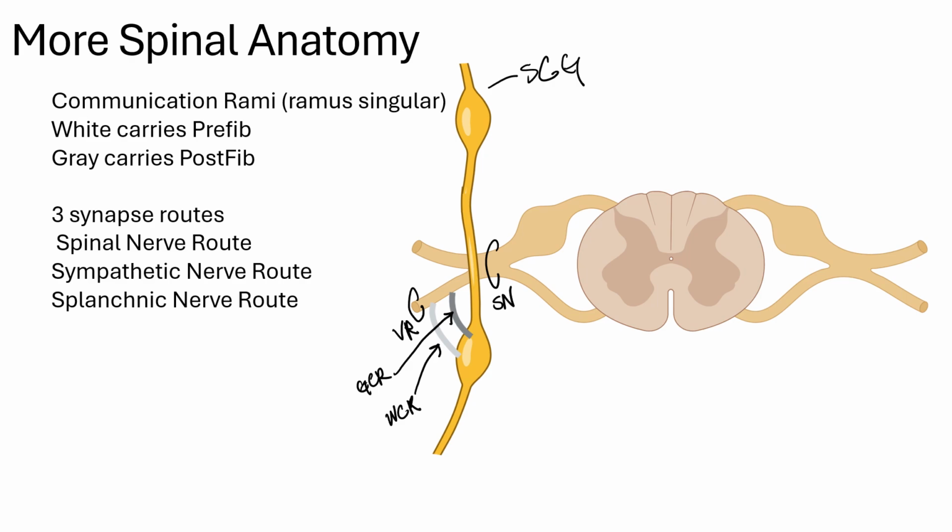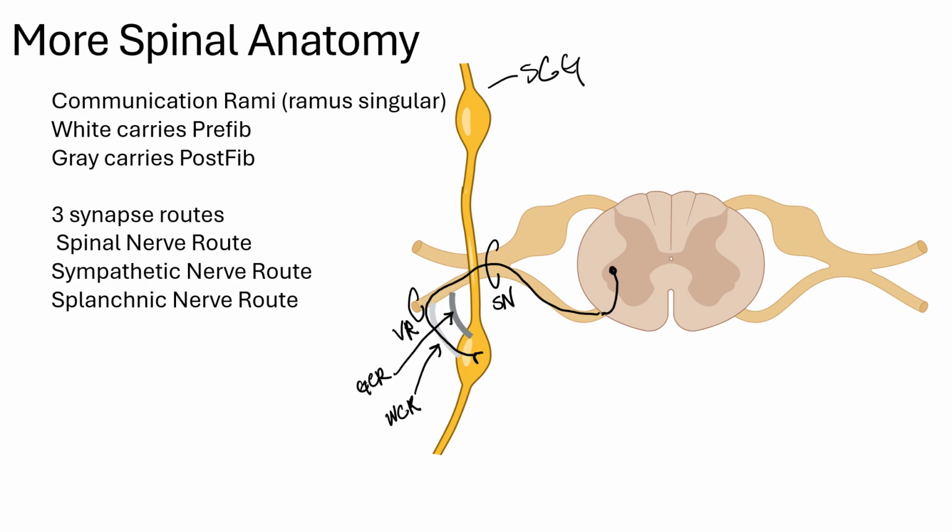Recall that preganglionic fibers of both the sympathetic and the parasympathetic were myelinated neurons. So, therefore, this white communicating ramus is the pathway for the preganglionic neuron. And let's put a cell body up here in the lateral horn.